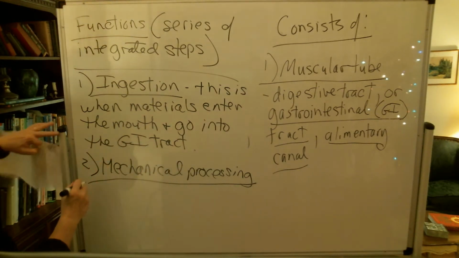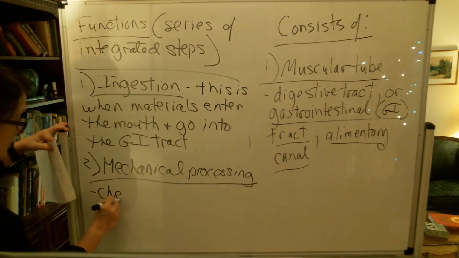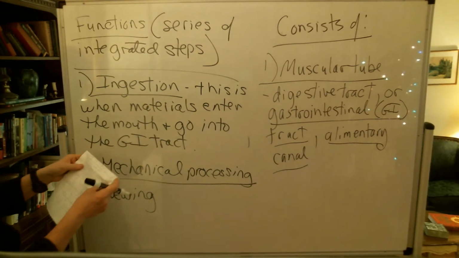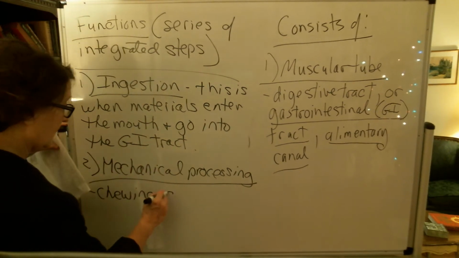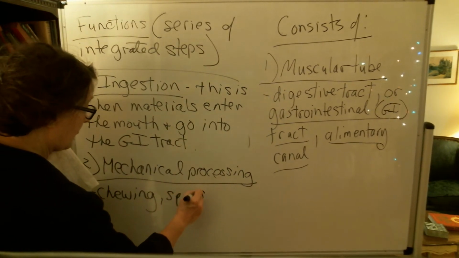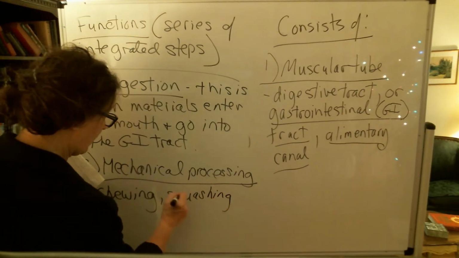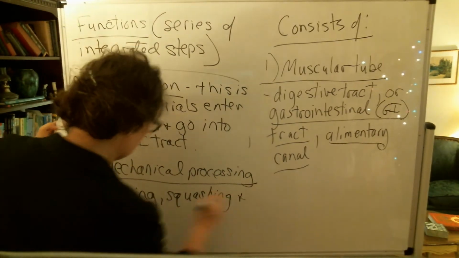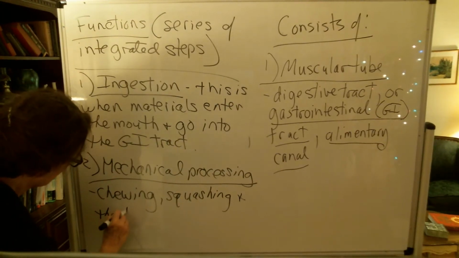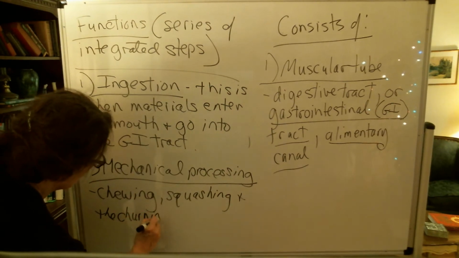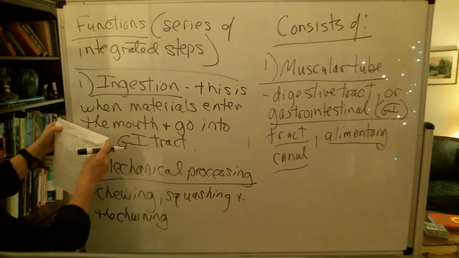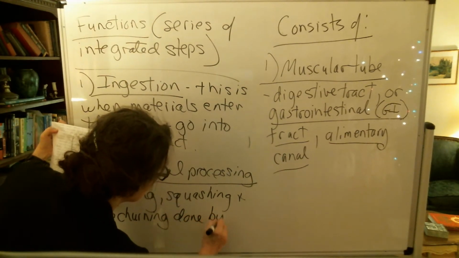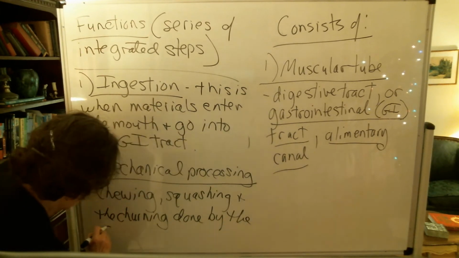So mechanical processing of food is chewing, for instance, but it also includes the squashing of food, and the churning then of food that is done by the stomach.